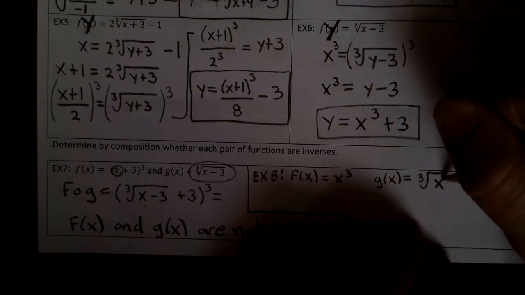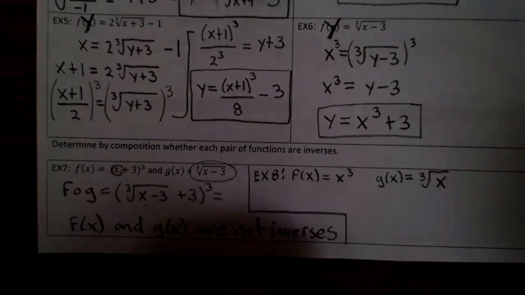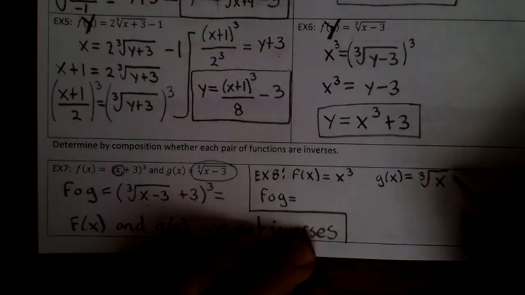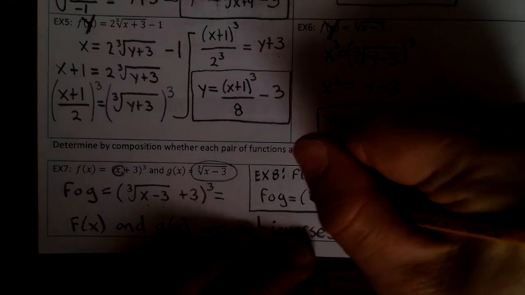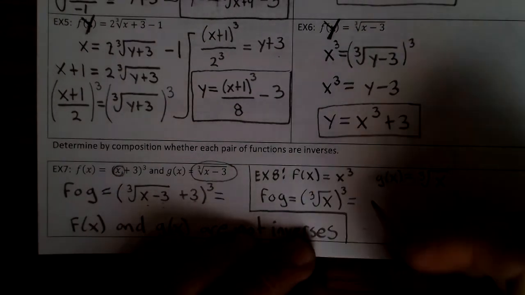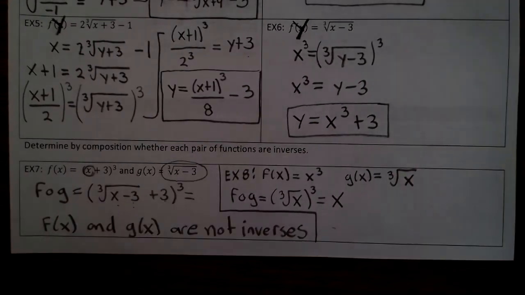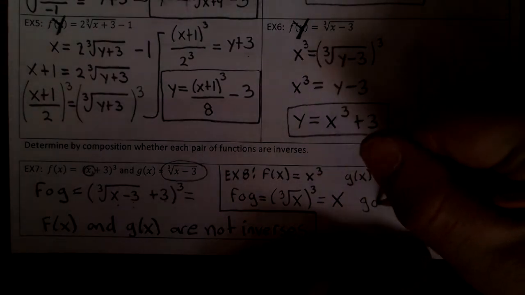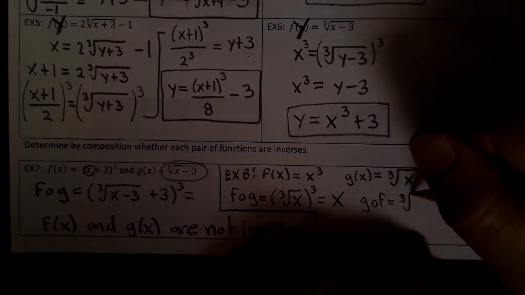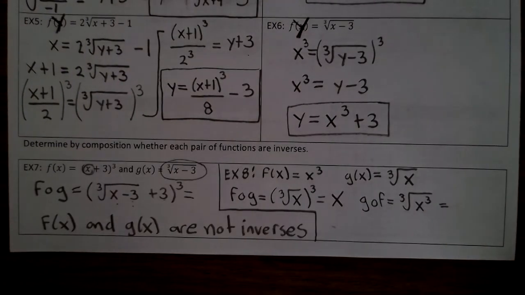So then again, I'm putting all of this in for x, so that's the cube root of x cubed, which becomes a power of 1, so you get x. And now let's do g of f, which would be the cube root of x cubed, which becomes the power of x. So here we could say that f of x and g of x are inverses.